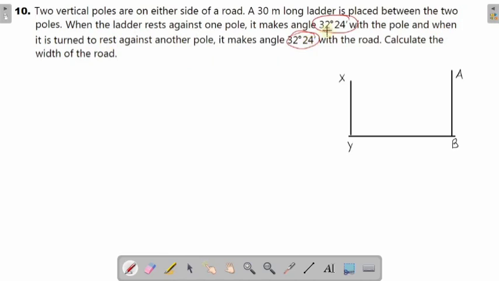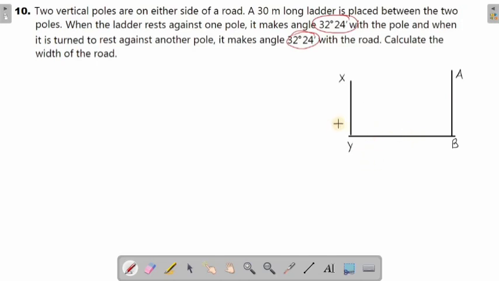So if they are the same angle, what can you get from this? What information do you get from this question? It means that the ladder is kept exactly in the middle, because when you place it exactly in the middle, then only it forms equal angles with both the poles, isn't it?